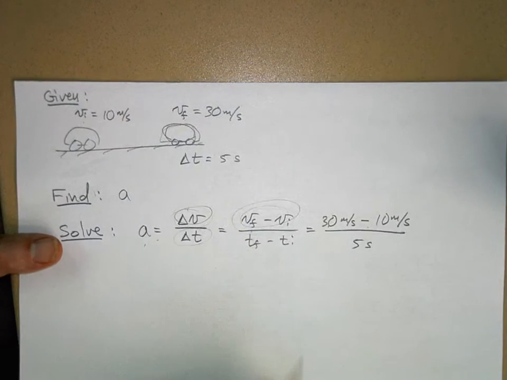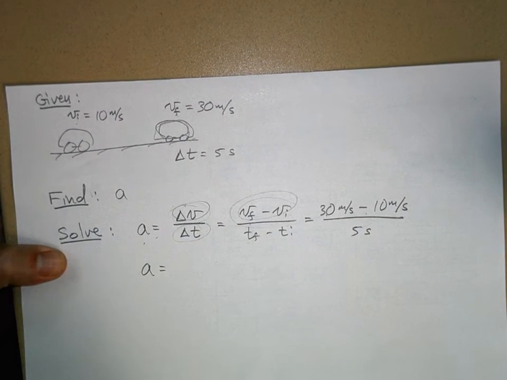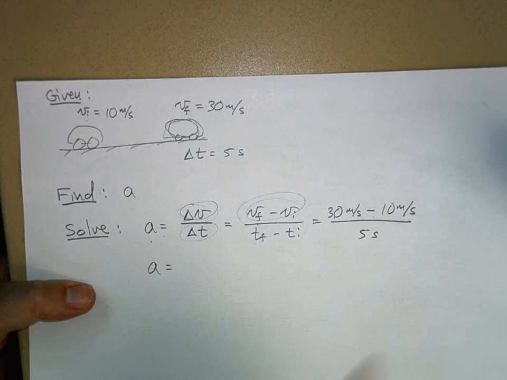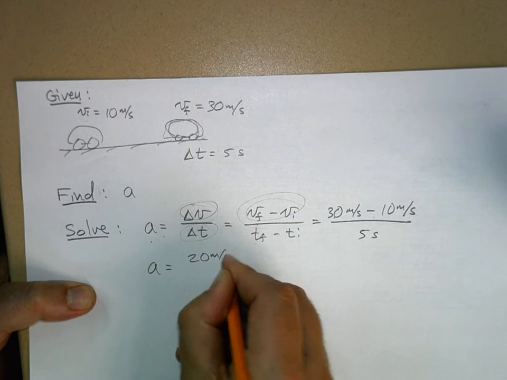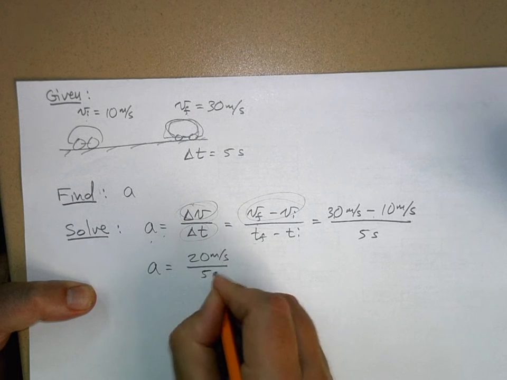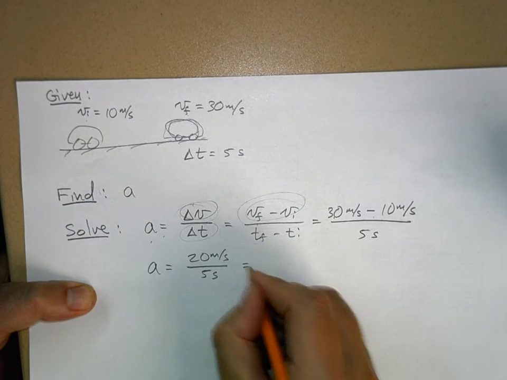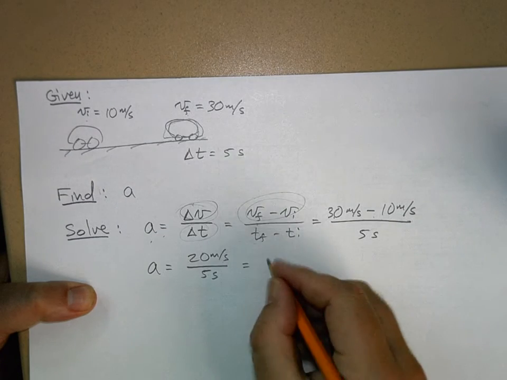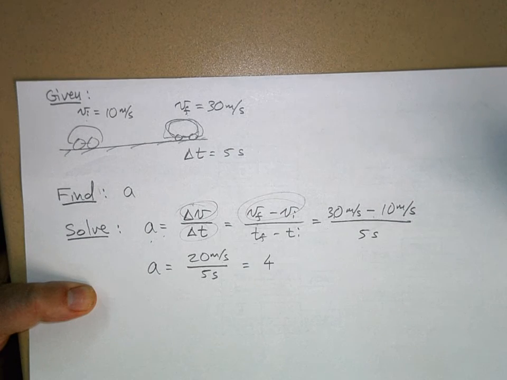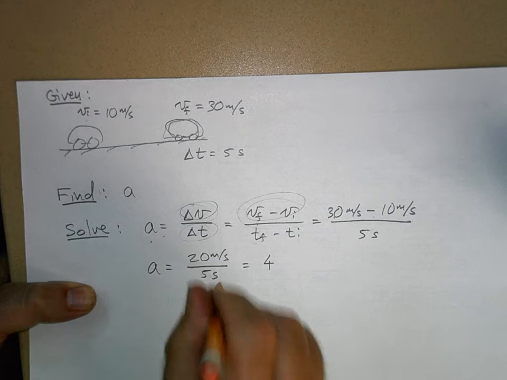So now we have the acceleration is equal to 20 meters per second divided by 5 seconds. Well, 20 divided by 5 is, oh good, you know something. All right, 4. And then what's a meter per second for every second?